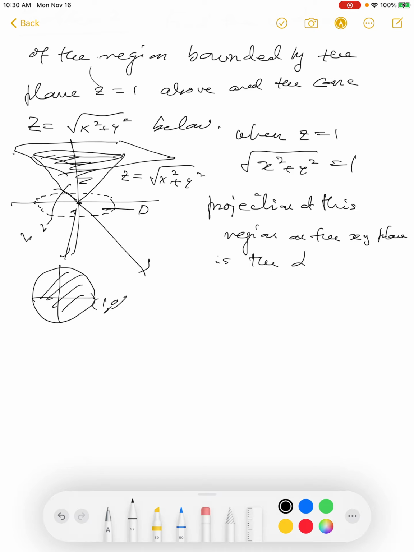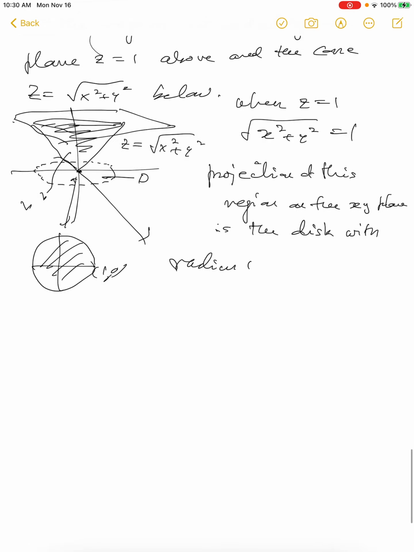So therefore volume is equal to the triple integral of the function 1 on this region V.